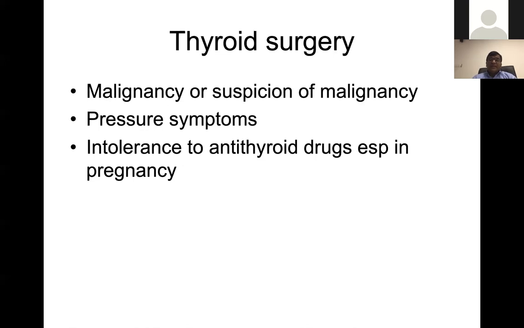The relative indications are, if somebody wants to have a baby sooner, like somebody who has been subfertile for years and is now planning subfertility treatment but can't wait; generally it's recommended to wait 6 months to 1 year after I131. If the delay is too much, such patients can opt for thyroid surgery. And also if there is a goiter which is cosmetically inappropriate, such patients might prefer to have surgery. So those are the relative indications.